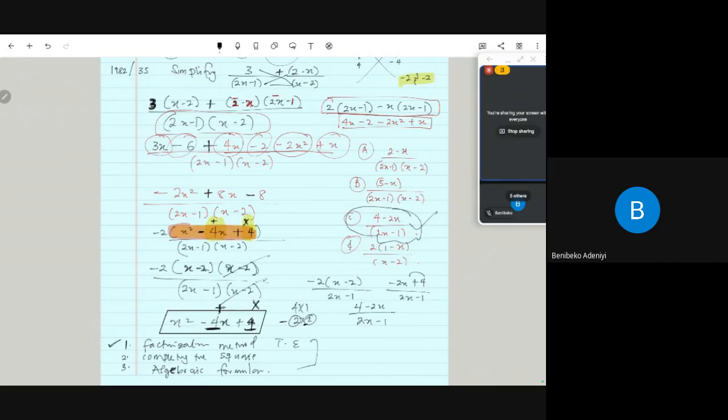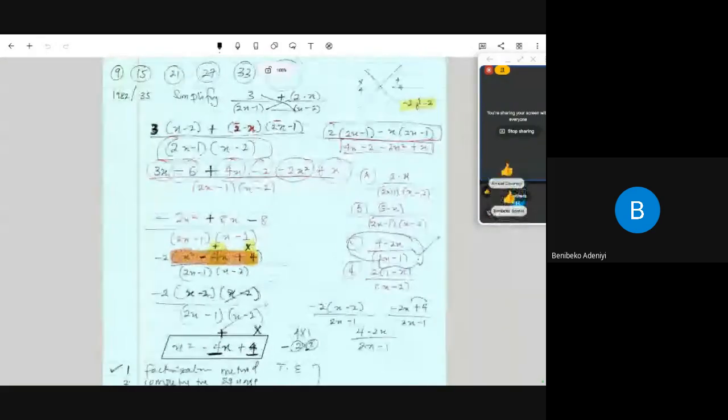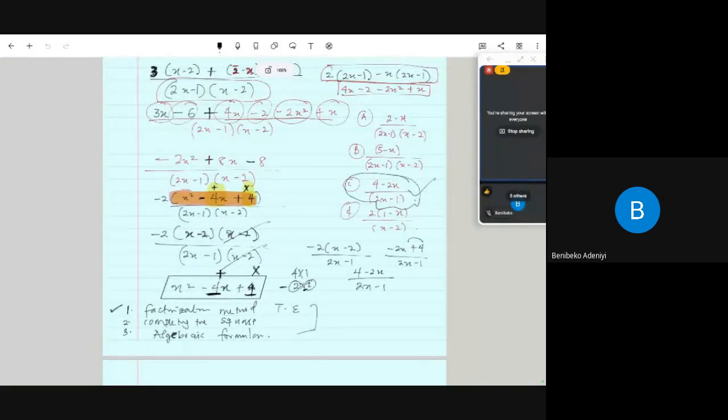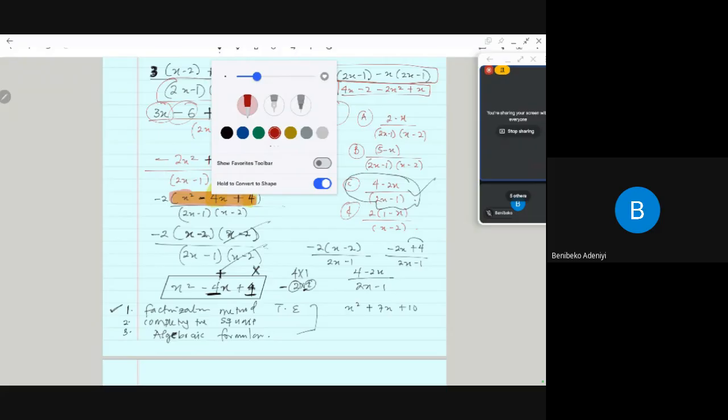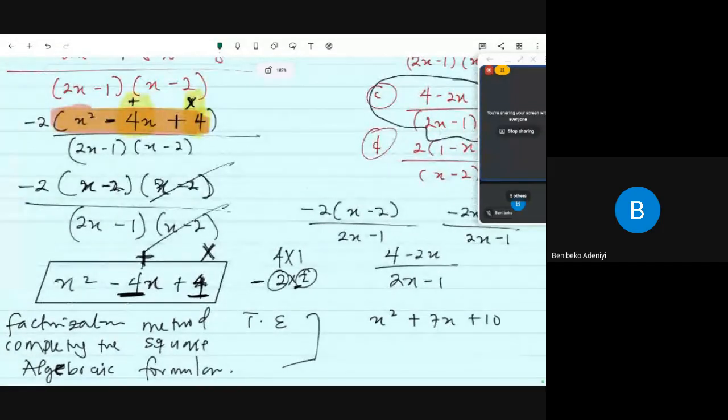Is that correct? Another example, so that I will know that I've explained this part and you understood to a very great extent. Let's look at x squared plus 7x plus 10. Again, put a plus here, put a times here.